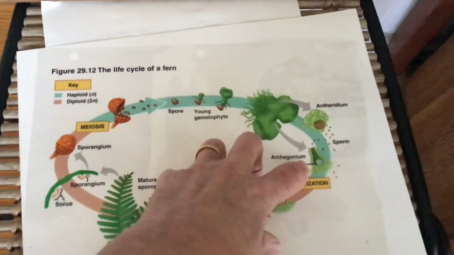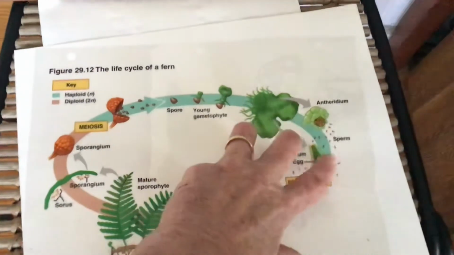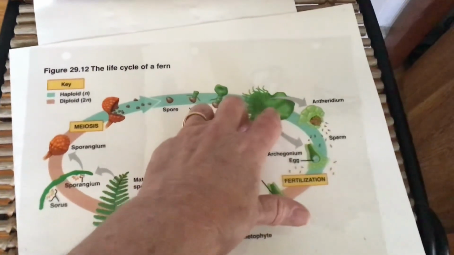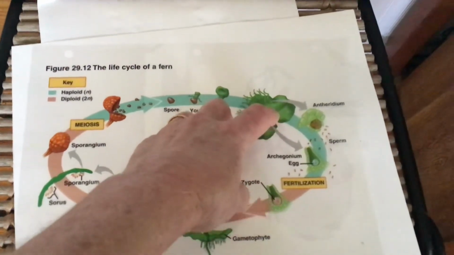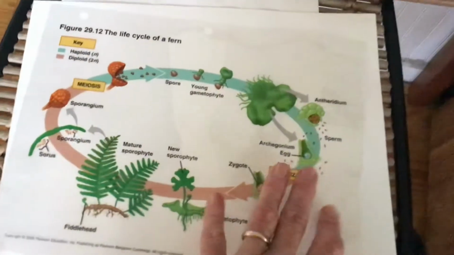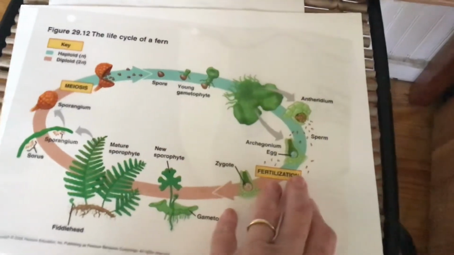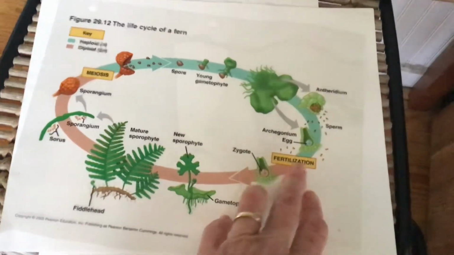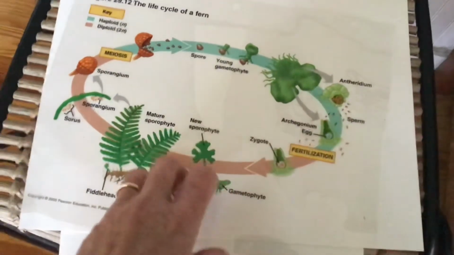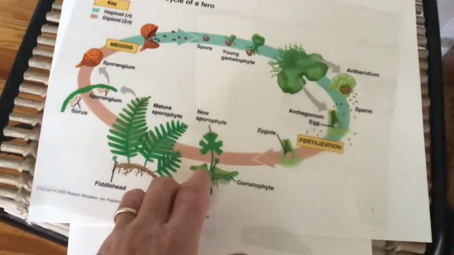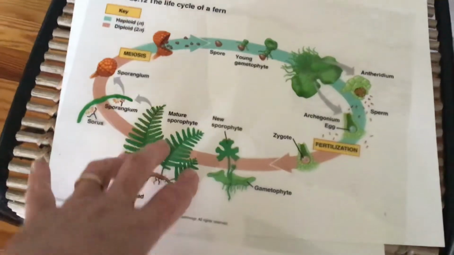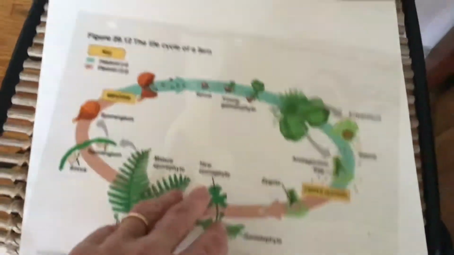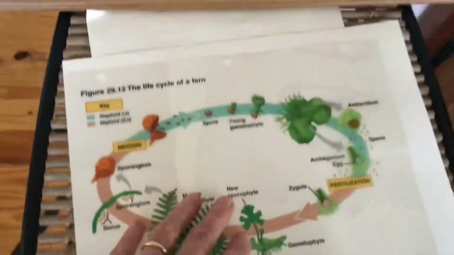As there is water in the ecosystem, the sperm can swim up to the archegonium. If there's no water there, then there won't be fertilization. So it needs dampness for that part of its life cycle at least. Then fertilization forms the zygote, which grows into the sporophyte. In a fern, the gametophyte then sloughs off, and it becomes the mature sporophyte.